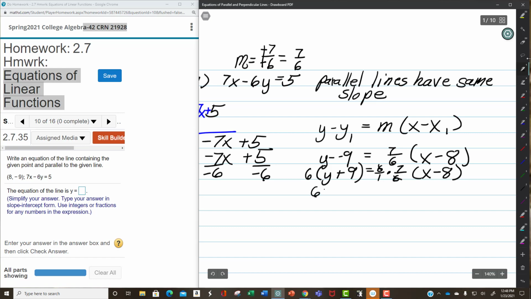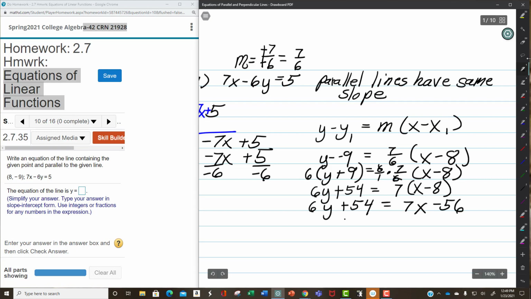Over here, 6y plus 6 times 9 is 54, equals 7 times x minus 8. So 6y plus 54 equals 7x minus 56.